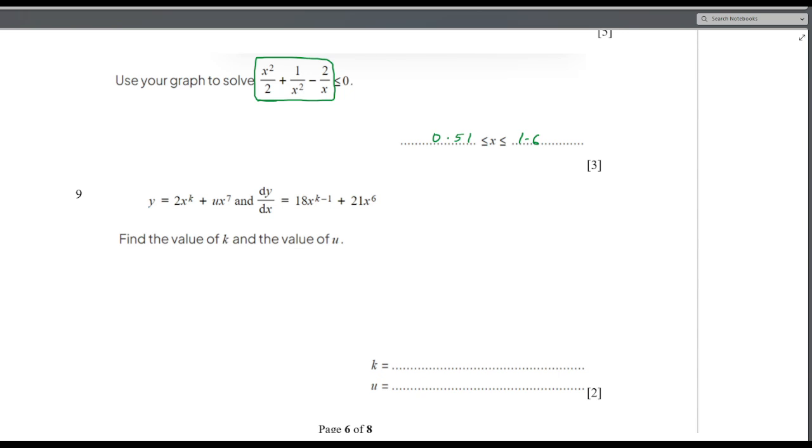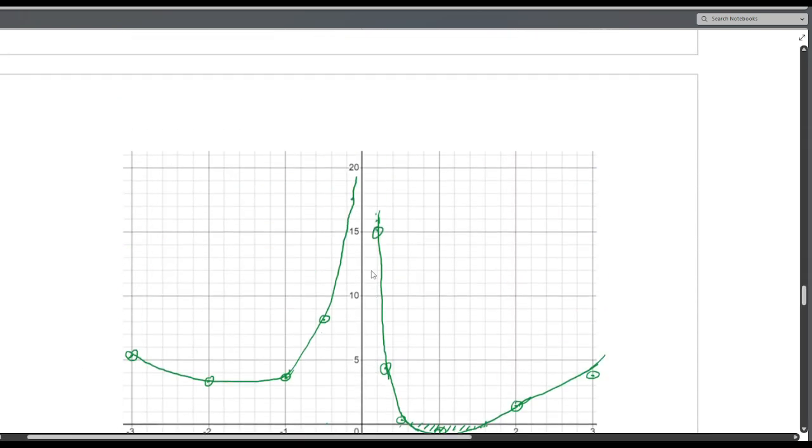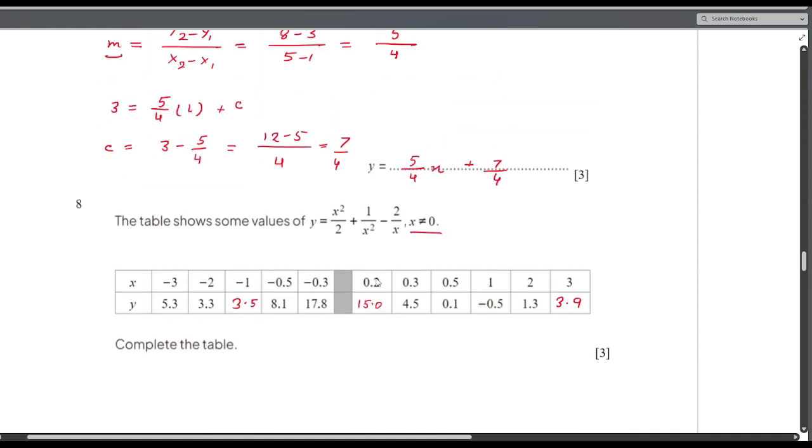Okay, so the result is from 0.51 to... let me see this result here. For 3, if I see what answer I got, 3.9. Let me cross-check once again.